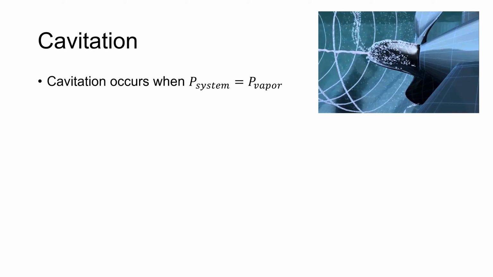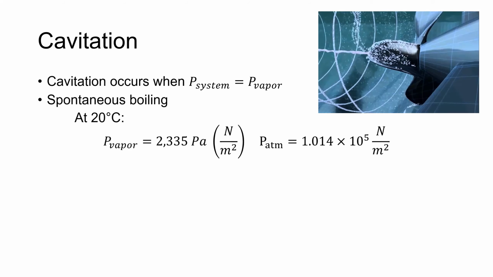It forms these little bubbles, right? So the water spontaneously turns into gas. Those bubbles implode, and when they implode, they create a little jet that can kind of destroy pipes and pumps and propellers and the like.